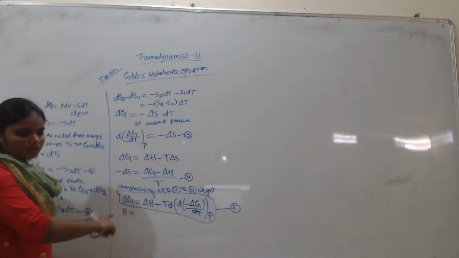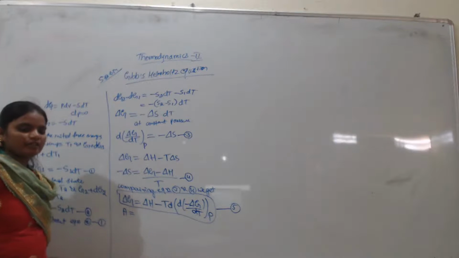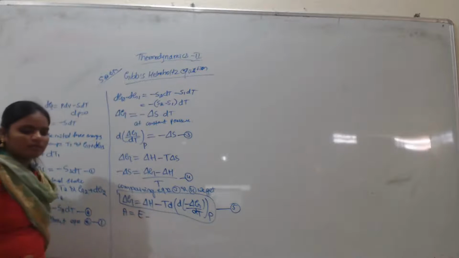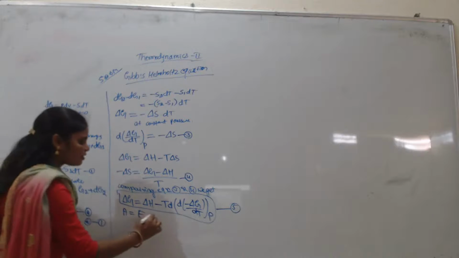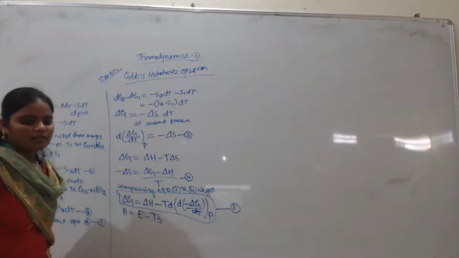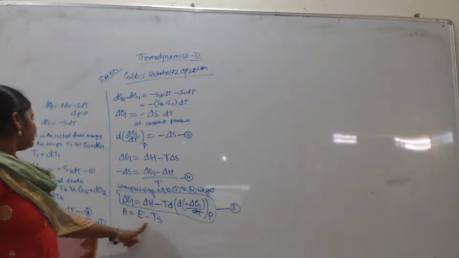By the definition we have A is equal to E minus TS. This is from equation number 2.